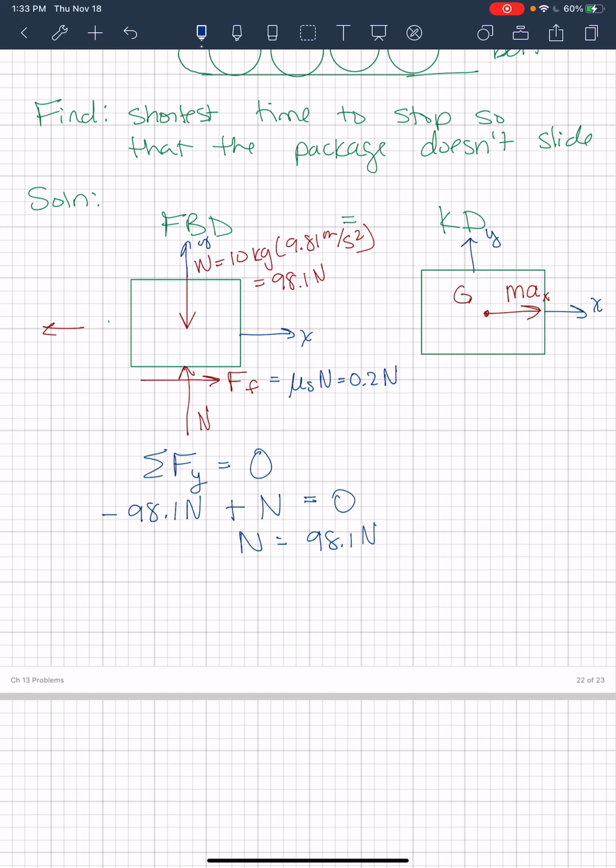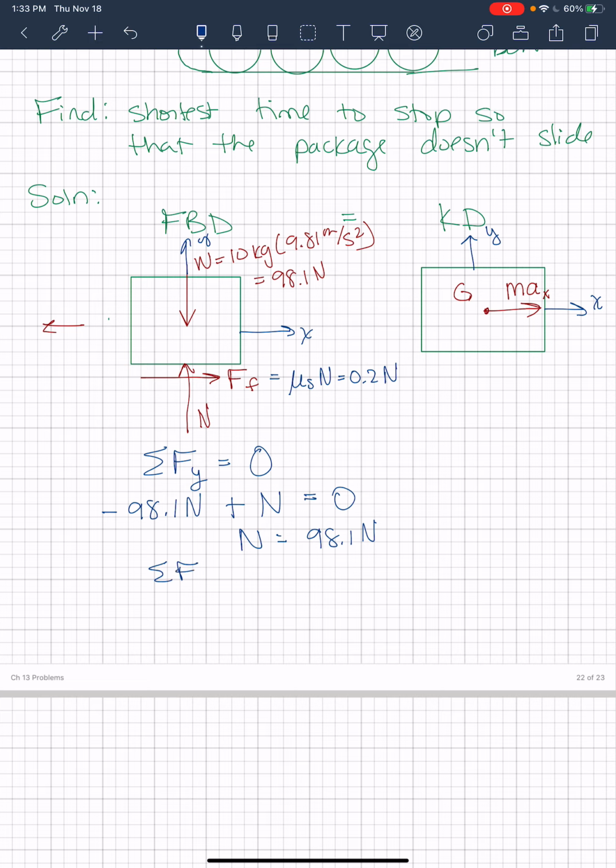So now we can sum the forces in the x direction, equals m a sub x. With that, we have the force of friction in the x direction, which will be 0.2 times that 98.1 newtons, which is what we just found for the normal force. And that equals the mass, 10 kilograms, times a sub x.